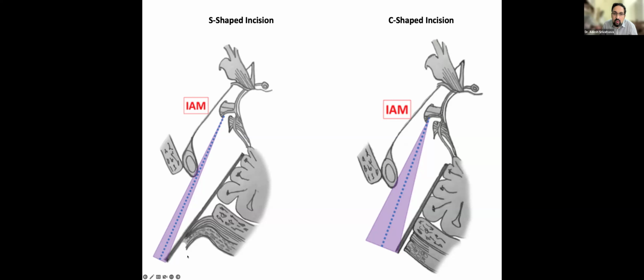This also leads to a broader funnel to work, which gives better maneuverability, which is a little bit compromised with the S-shaped incision. Both incisions are good. One has to be comfortable in operating.